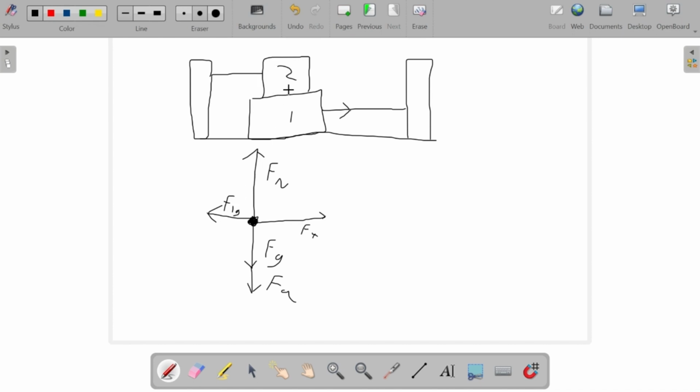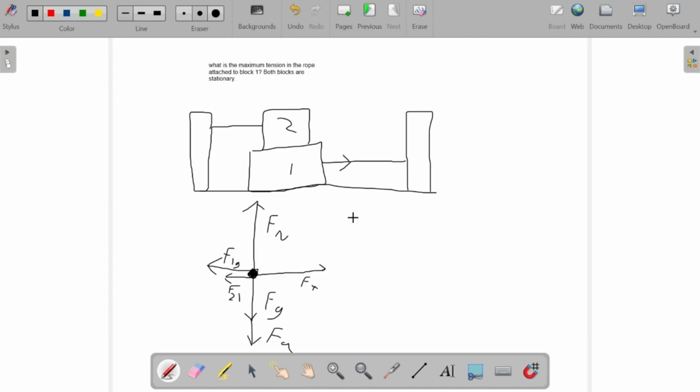That's going to be the friction from this block on top of it, because it's pointing this direction, so it's also rubbing against this block, and therefore this block is going to be applying a friction on it. Actually, I'll go write it as F21, just to make it more consistent in this form. So these are the forces. We want to calculate Ft.